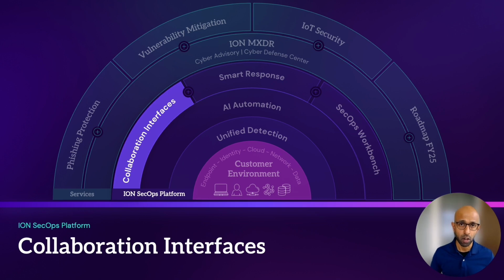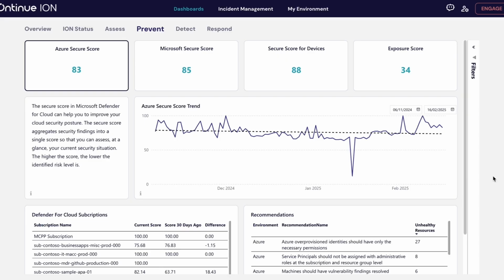The next set of updates are around collaboration interfaces, which include all the components through which you consume our managed services, including things like dashboards and reporting. As an MXDR service, we of course detect malicious activity and handle incidents through to resolution.